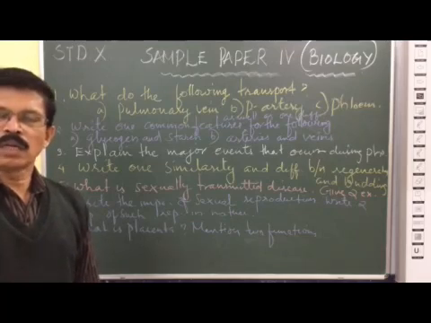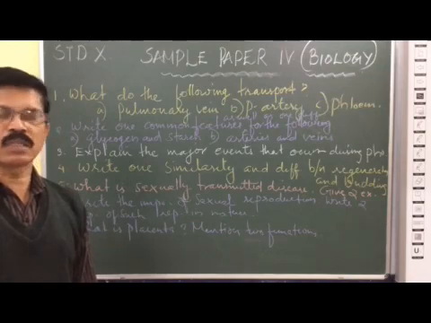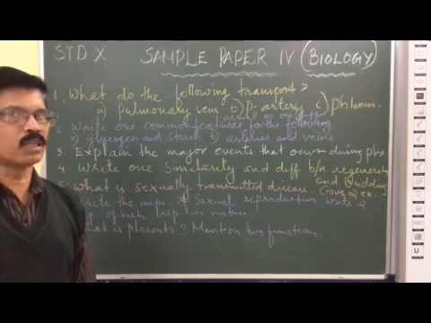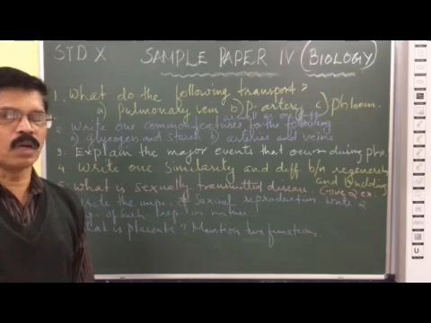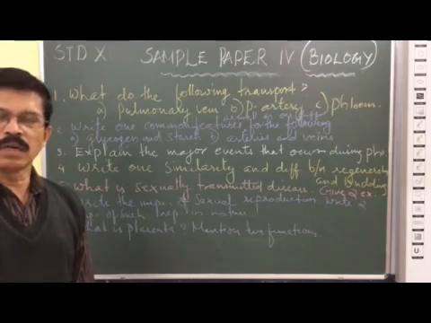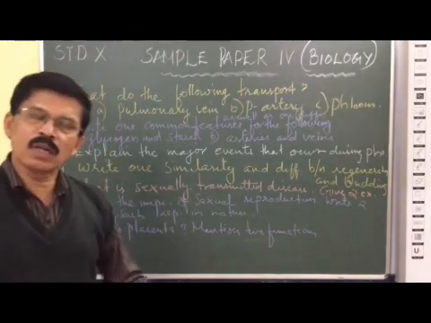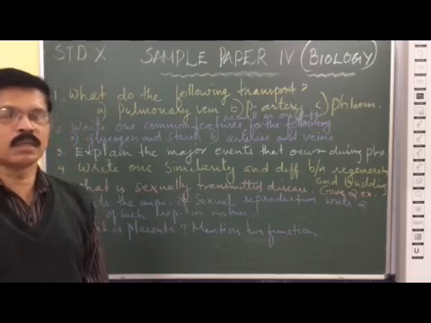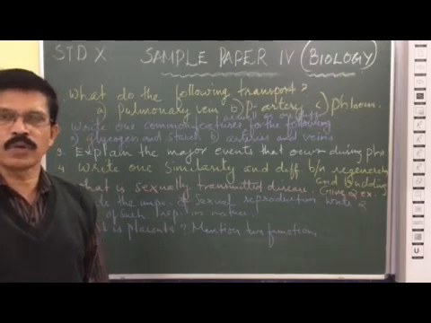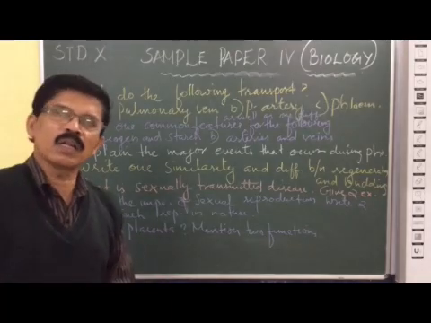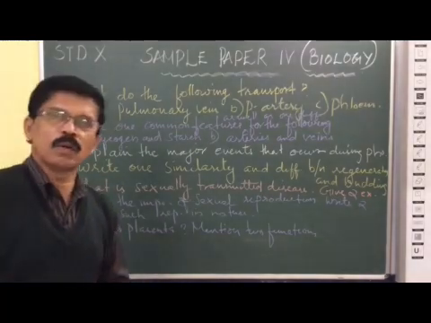Double circulation means pulmonary circulation and systemic circulation. In pulmonary circulation, from the right ventricle the pulmonary artery carries deoxygenated blood to the lungs, and from the lungs oxygenated blood is carried by the pulmonary vein to the left atrium.